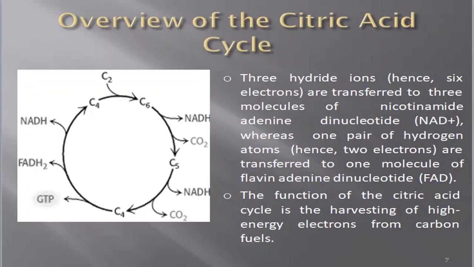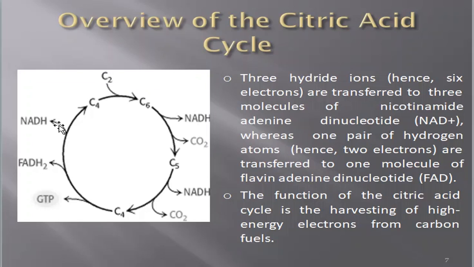As we know, in energy yielding molecules, the energy is stored in their hydride ions. So, we extract the energy in the form of hydride ions from those molecules into NAD plus and FAD.